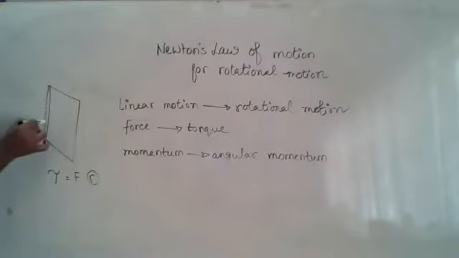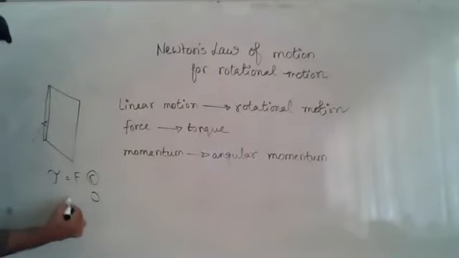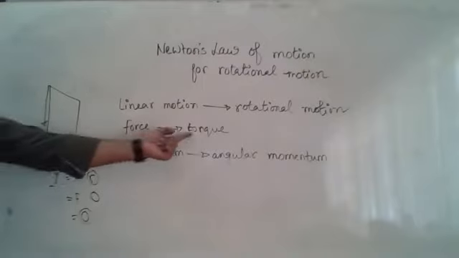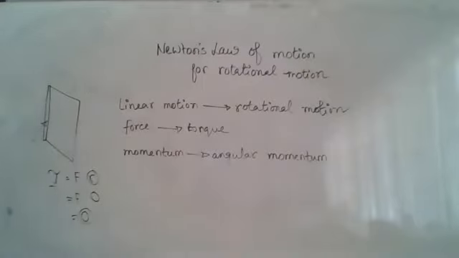So if you apply a force on the hinge, what will happen? The distance from the hinge is 0, so even though you are applying force, you will not produce any torque. And if there is no torque, there will be no angular or rotational motion. So even though you are applying some force, the torque is 0, and as a result no velocity is produced. There will be no change in the state of the door.